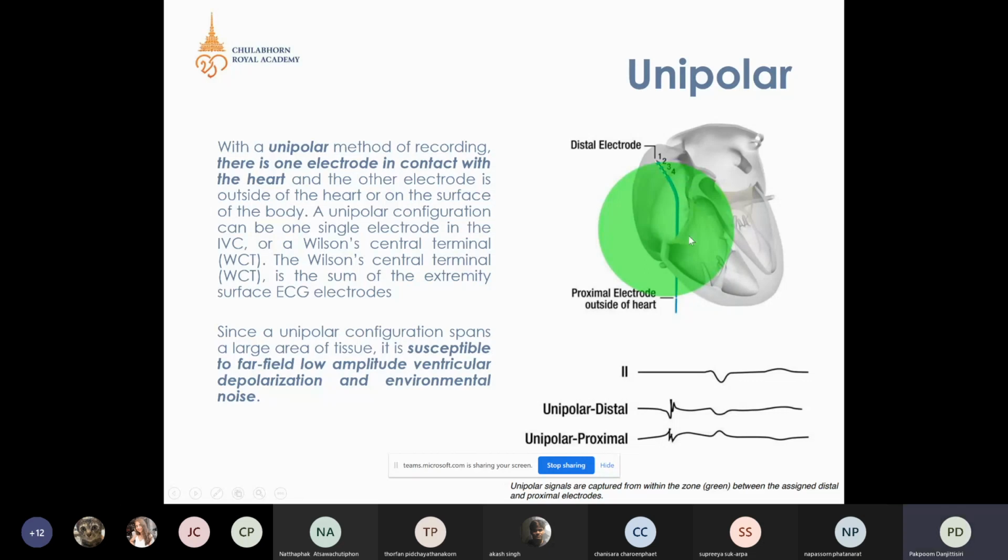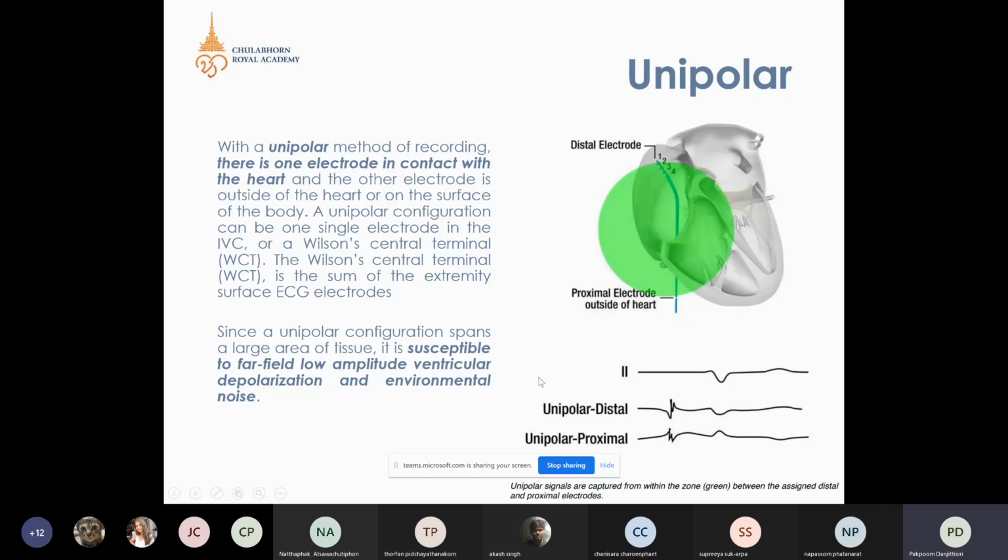It is susceptible to far-field, low-amplitude ventricular depolarization and environmental noise. You can see the radius and the area of the green one here, so you will see that the green one is covering the ventricle as well.